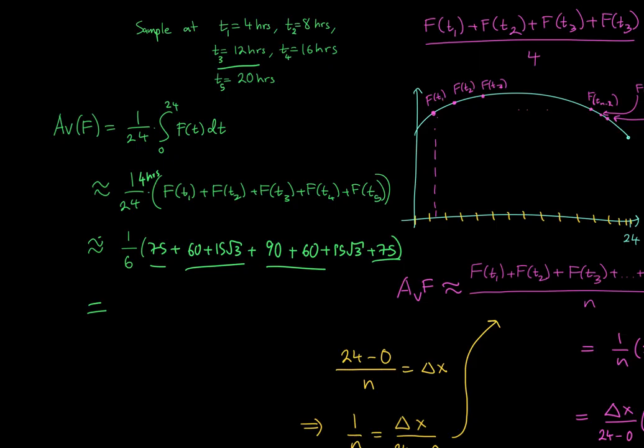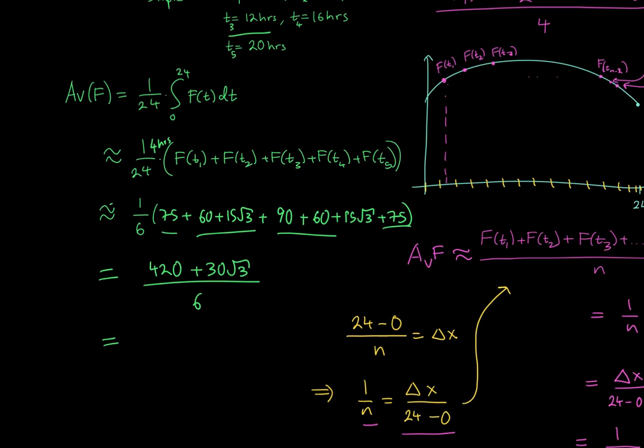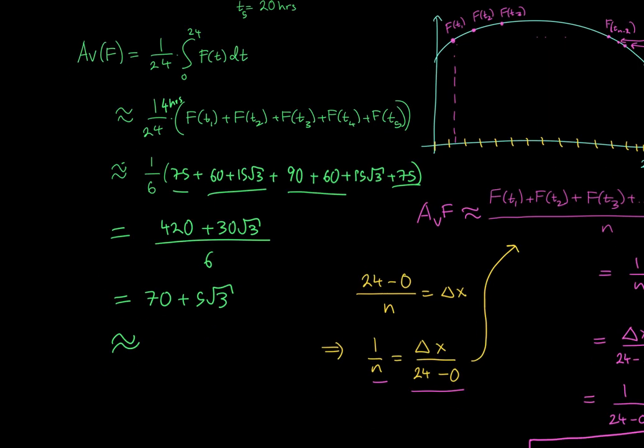So we got 420 plus 30 root 3, all divided by 6. So that would be 70 plus 5 root 3. Root 3 is what, like 1.7? So I'll call that 1.6. This is approximately equal to 78. And that makes sense on an average day in Sacramento. It's probably like springtime or something like that.